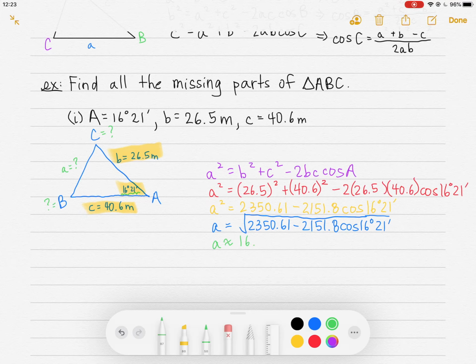And my units are meters. 16.9 meters. Make sure that you don't forget your units and lose a silly point. And this is my little a.